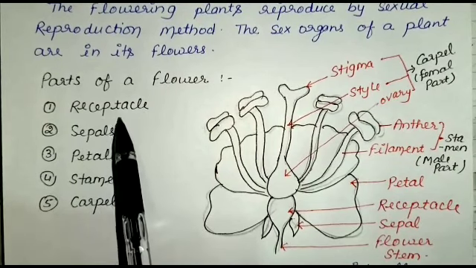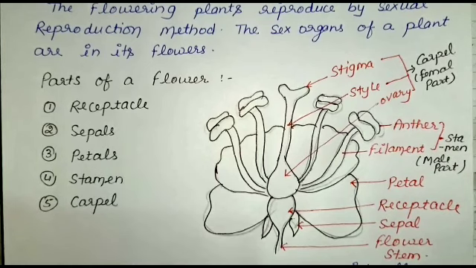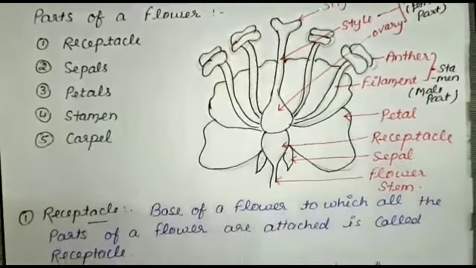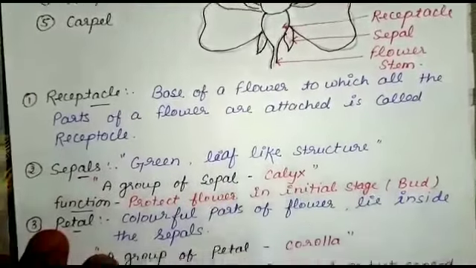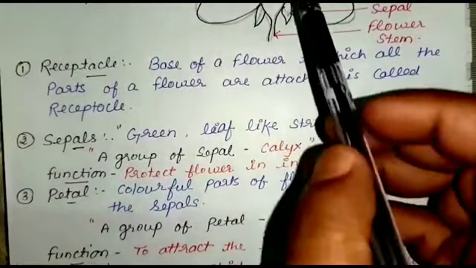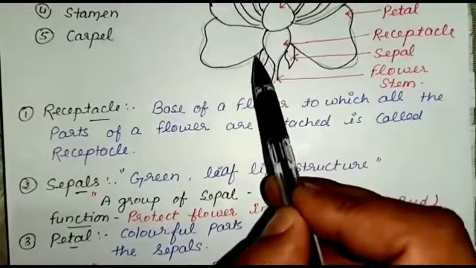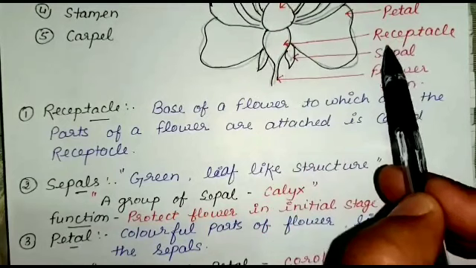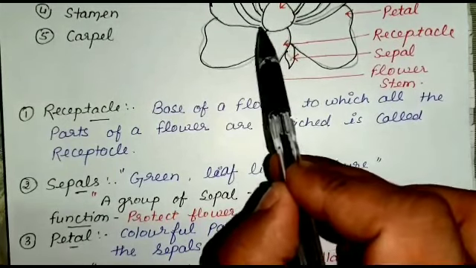The first part, receptacle: the base of a flower to which all the parts of the flower are attached is called the receptacle. This part of the flower is called the receptacle because it is the base of the flower.